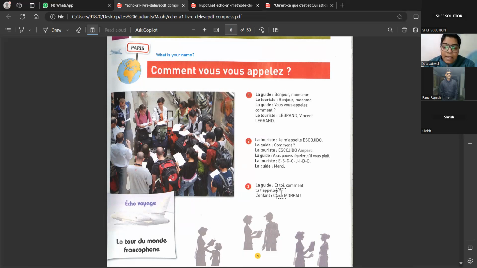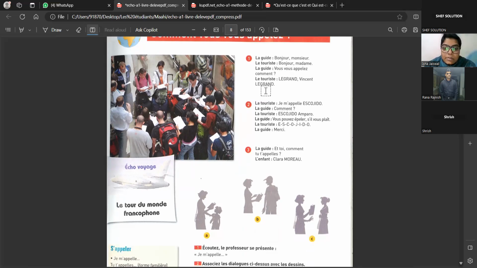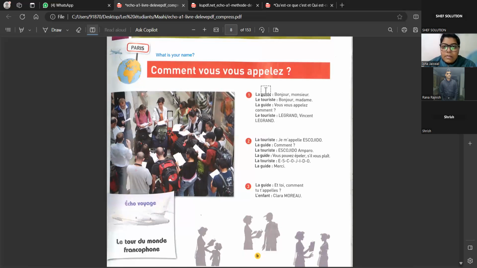Now, there are 3 dialogues and there are 3 pictures also. So, the first dialogue is between a guide and a tourist. The guide is saying, Bonjour, Monsieur. This word is pronounced as Monsieur. Bonjour, monsieur.